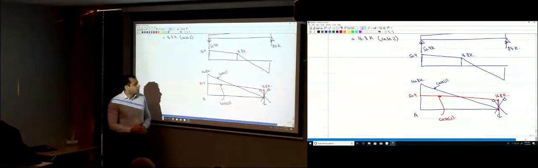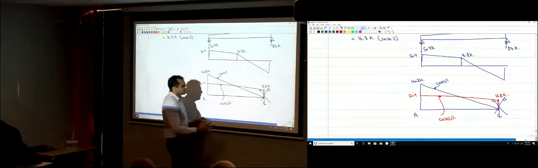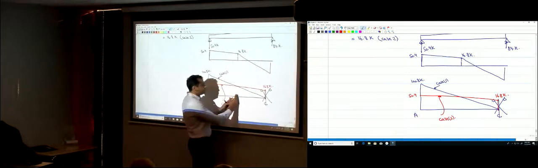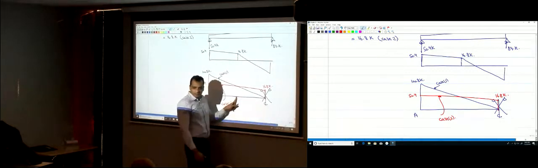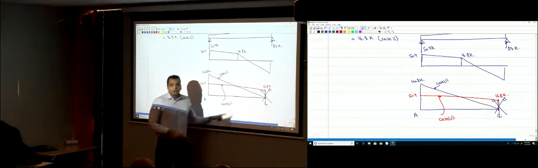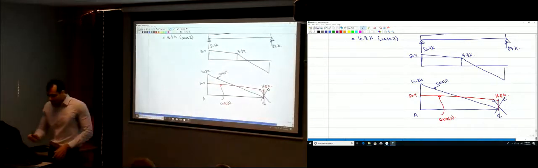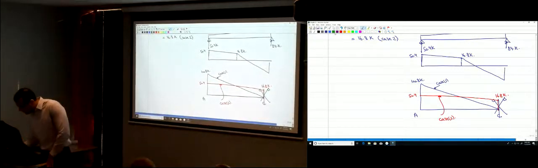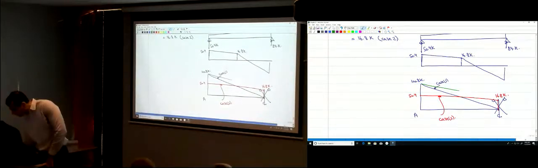Okay? Are there any other cases that you should consider? What is the maximum shear at this point? You should apply the load here, right? You should draw the influence line for the shear here, okay? If you do this, you will find that you get the envelope of all those cases, it will be something like this.